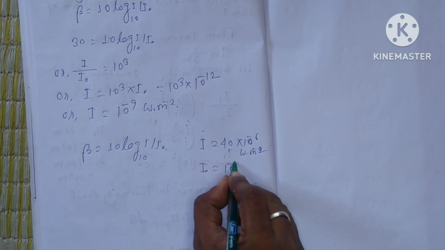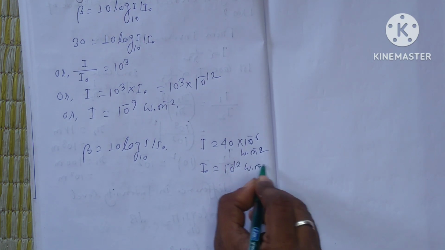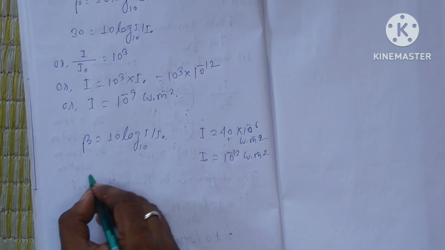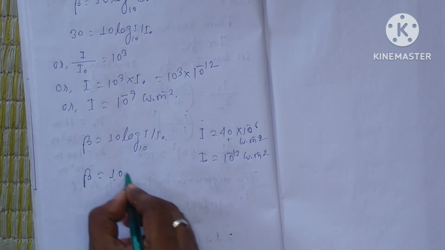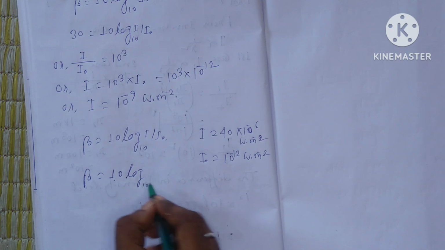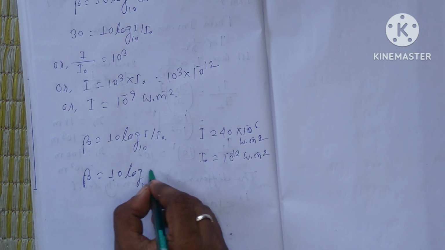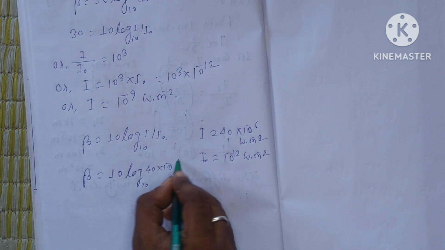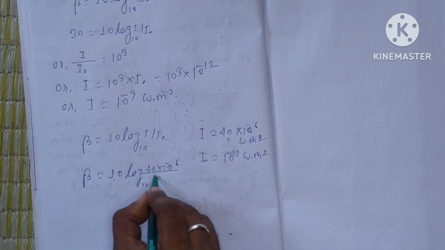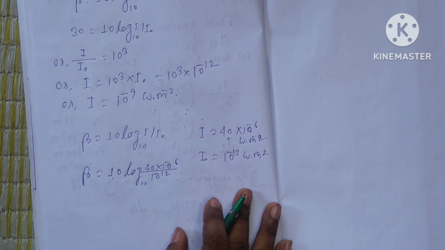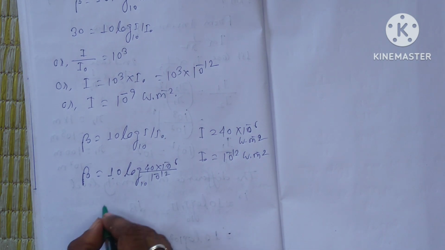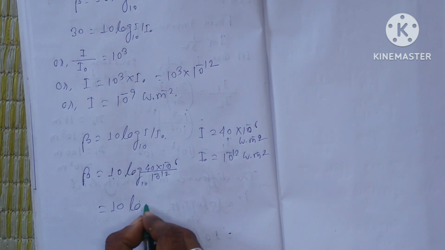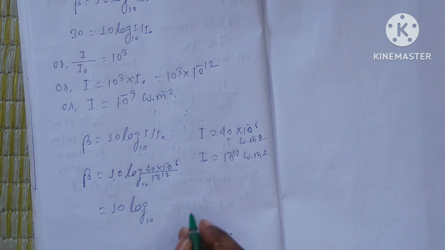I0 is 10 to the power minus 12 watt meter to the power minus 2. So beta is 10 log 10 base, so we can write 40 into 10 to the power minus 6 by 10 to the power minus 12.